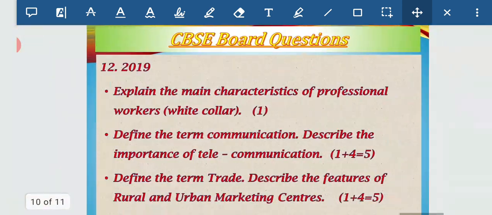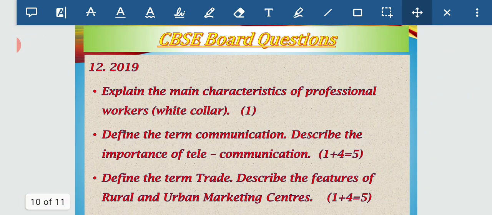Now, 2019: explain the main characteristics of professional workers or white collars. The main characteristic, it is only one, since it is a 1 mark question. The main characteristic of professional workers is that they are related to knowledge; they are knowledge oriented workers and service oriented workers.